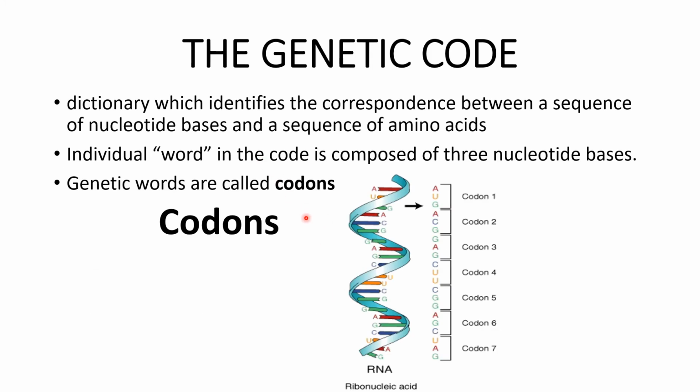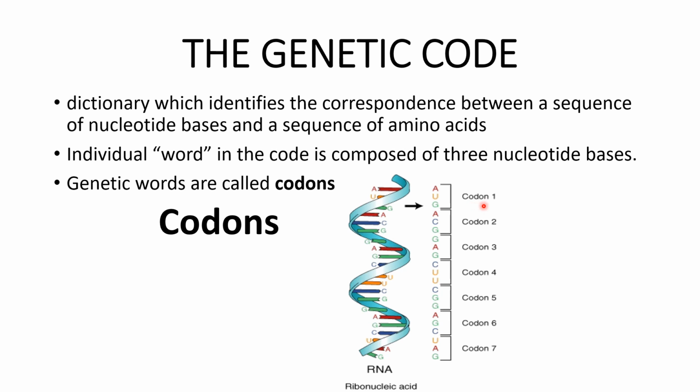Now the genetic code is the dictionary which provides the template, you can say, to translate how these nucleotides go into the formation of a polypeptide chain.